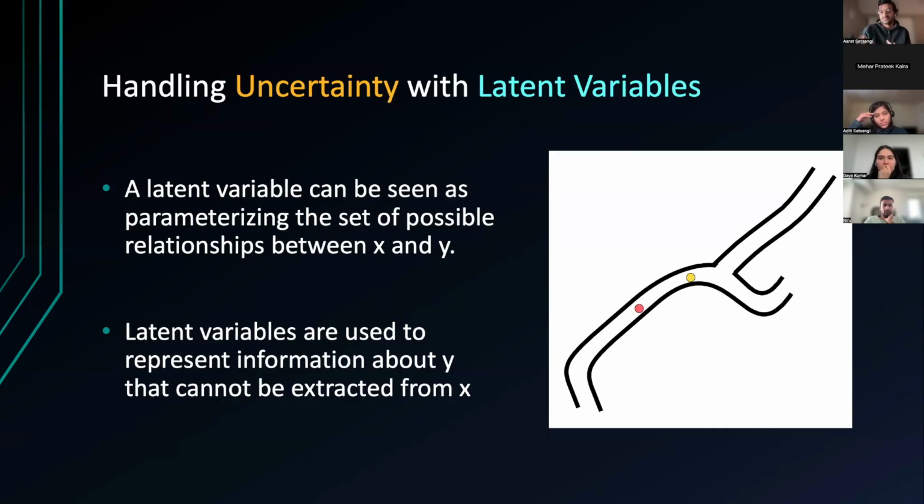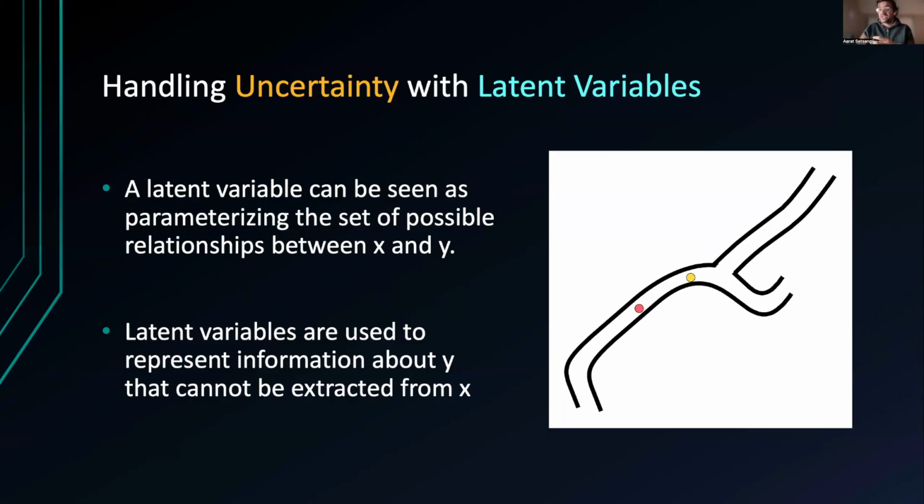In a temporal prediction scenario, the latent variable represents what cannot be predicted about the future solely from x and past observations. For example, if you are driving a car, you are this red dot, and the car in front of you is represented by this yellow dot, and you are coming to a fork.